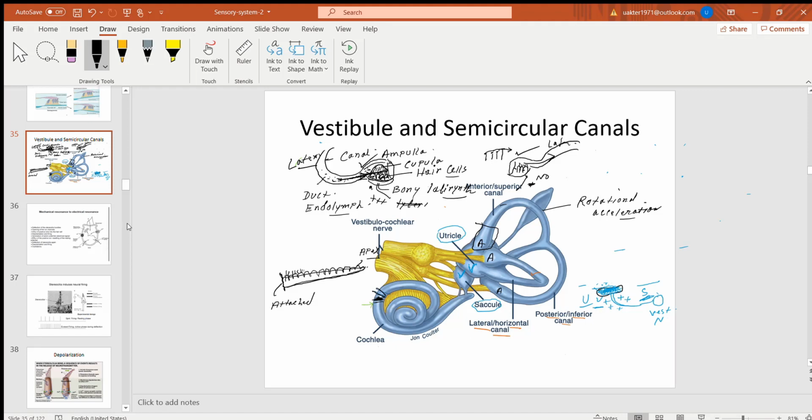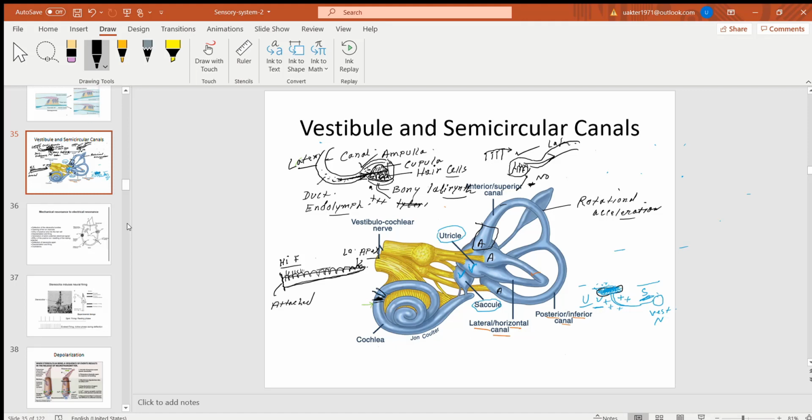So just remember, the hair cells located near the fixed side or attached side on the basement membrane will be activated by high frequency sound. Okay, and those hair cells sitting on the free side will be activated by low frequency sound. Okay, and the middle ones will be activated by intermediate or medium frequency sound.